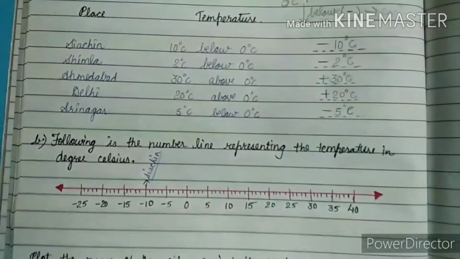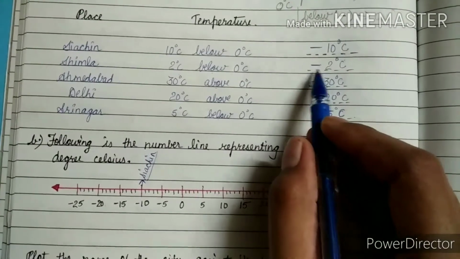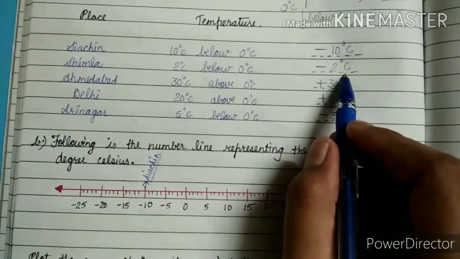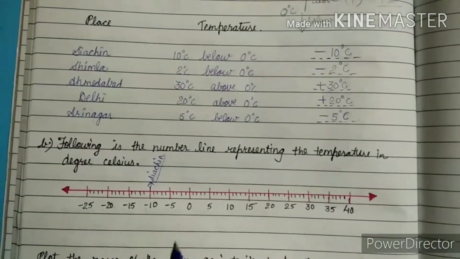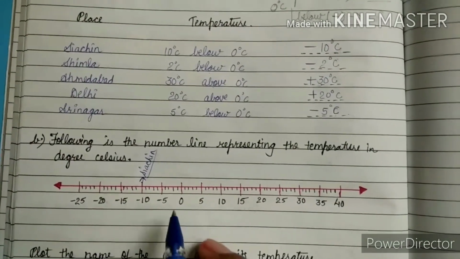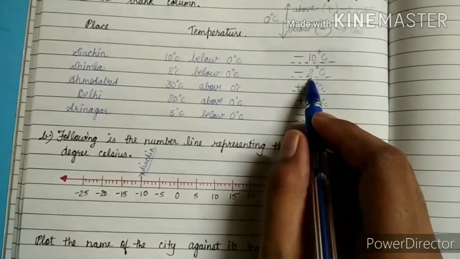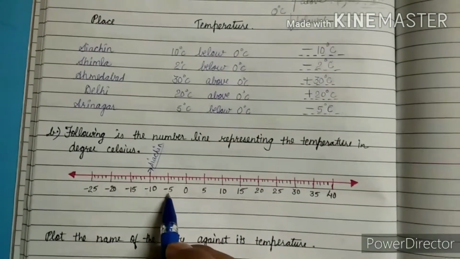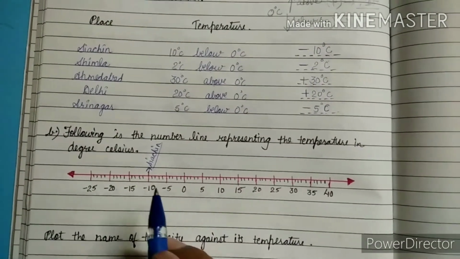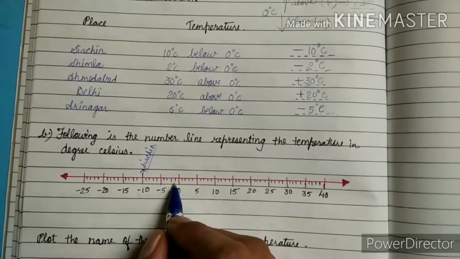Okay. Now Shimla. Shimla is having the temperature of negative 2 degrees Celsius. Can you find negative 2? You can't, because the marked points are showing a difference of 5 only. So we have to go to the negative side. So 0, then before 0 we have negative 5, then before it negative 10. But in the gap between negative 5 and 0 we have 4 lines.